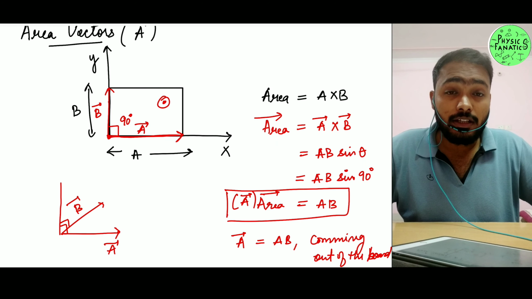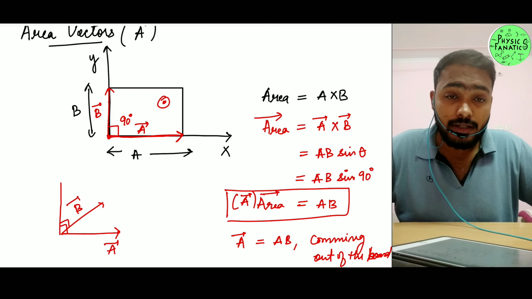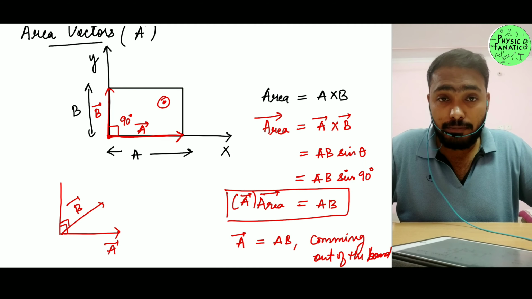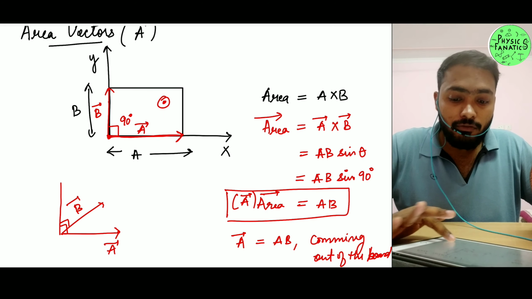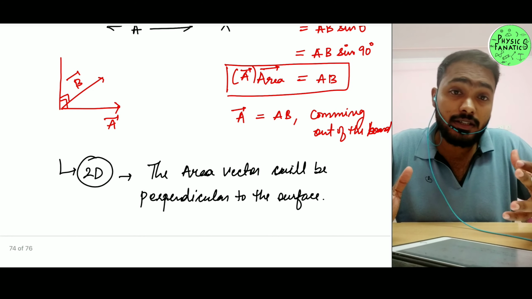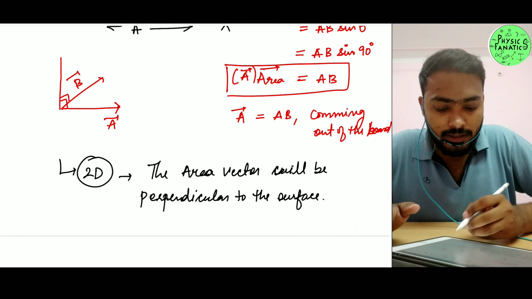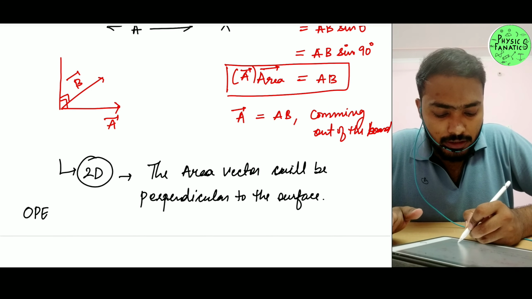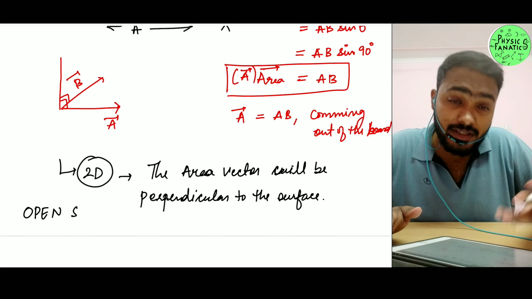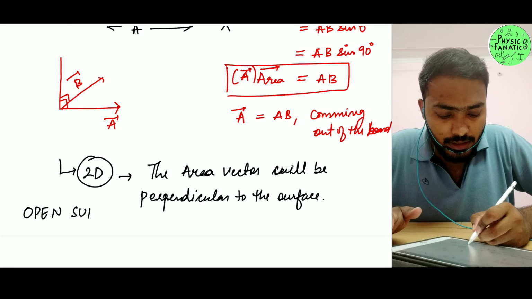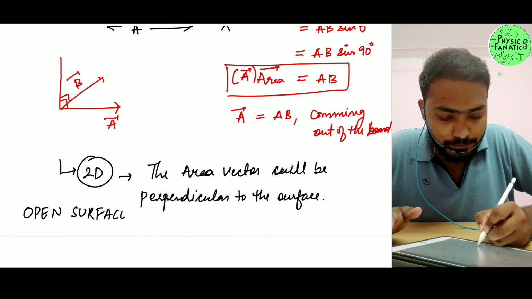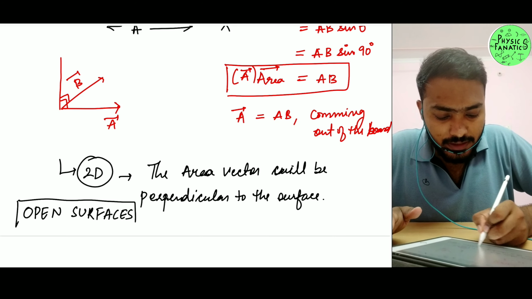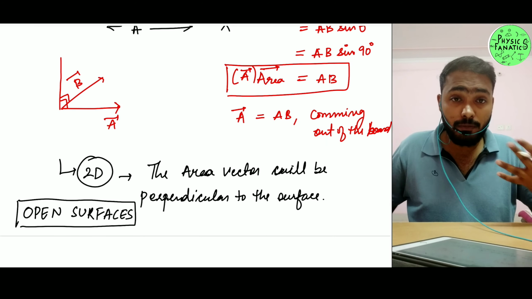Both directions are possible because both are perpendicular to the plane. I hope that is understandable. For 2D figures in physics, we call them open figures, open surfaces, it's up to you. So for 2D figures we call them open surfaces.